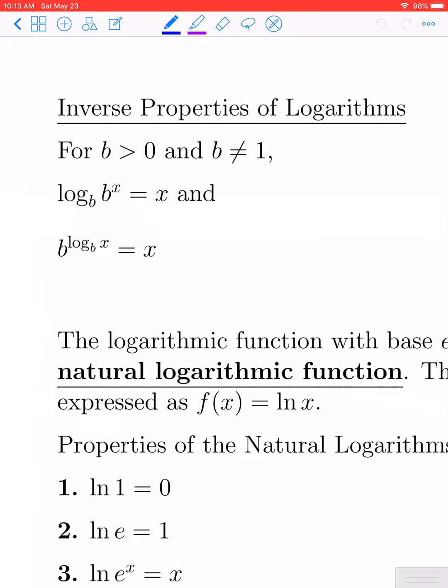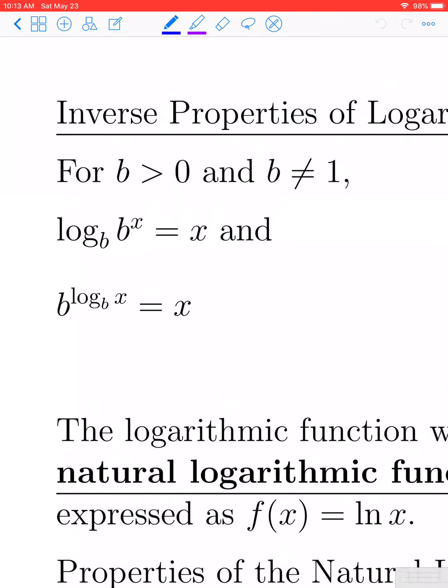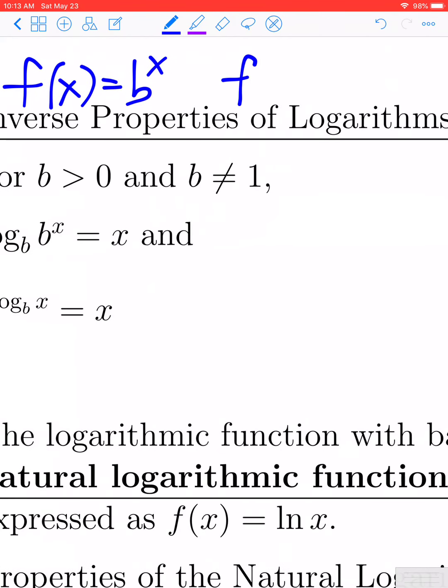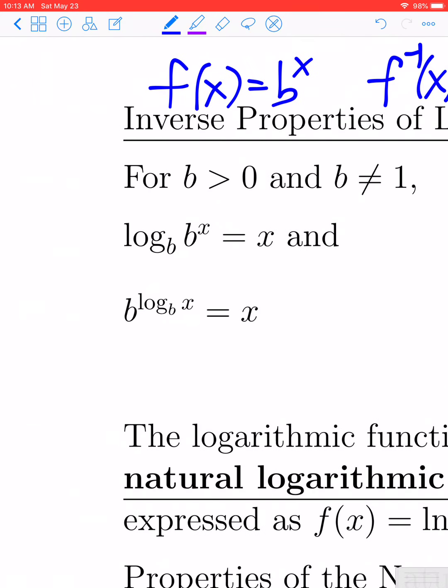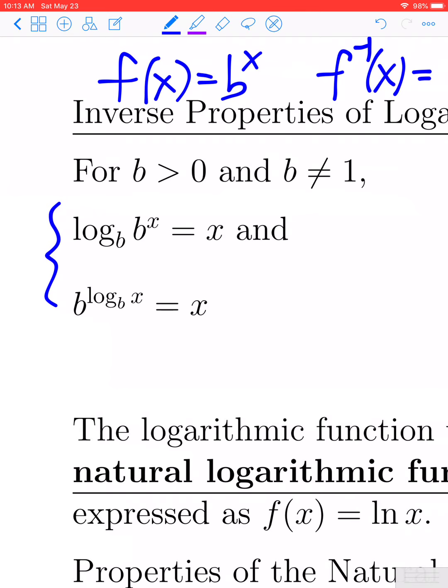A couple relationships and properties of logarithms. First of all, we did mention that for the function f of x equals b to the x, the inverse of an exponential function is a logarithm function of the same base. So its inverse would be log base b of x. This statement is nothing more than the functional relationship between the composition of a function and its inverse.